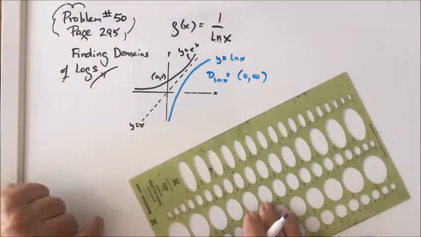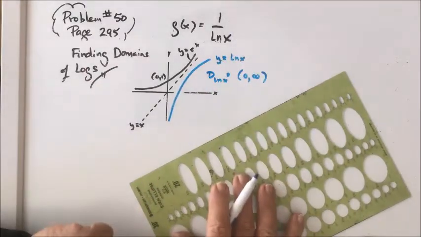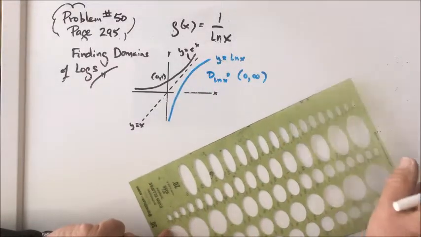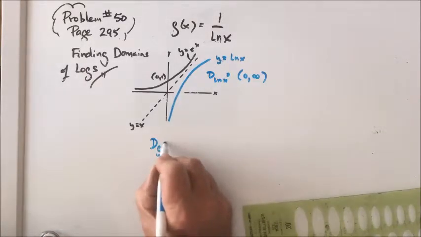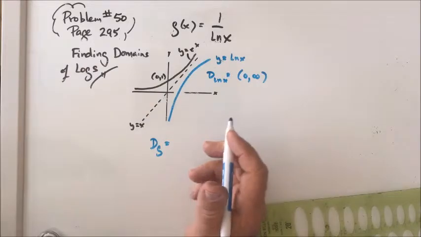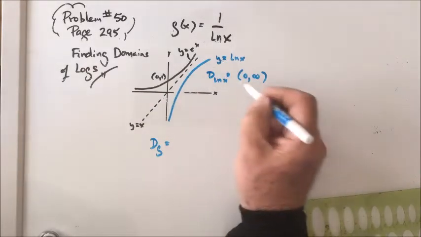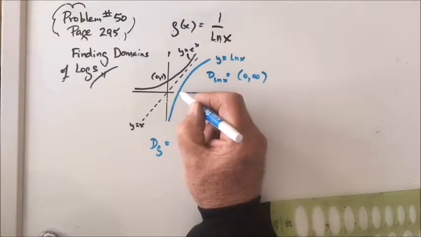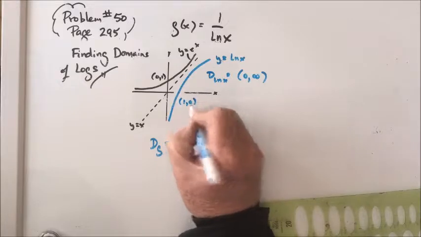So with that information, let's ask what is g of x. I think you can see pretty quickly that the domain of g is almost the same as log of x, but log of x includes this point, (1, 0).